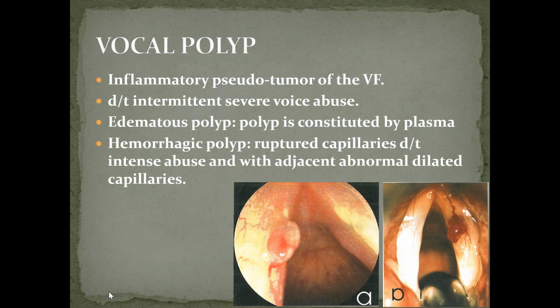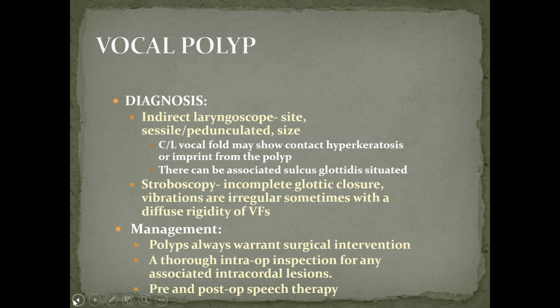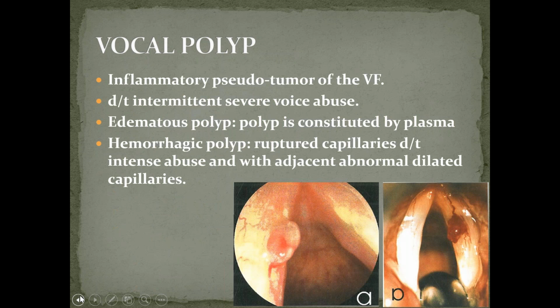Second, this benign lesion of the vocal cord, a solid lesion, is the vocal polyp. Here also the pathophysiology is the same. Voice abuse or voice misuse is usually the etiology for vocal polyp formation. Here there is intermittent severe voice abuse, and then we will see the edematous polyp.